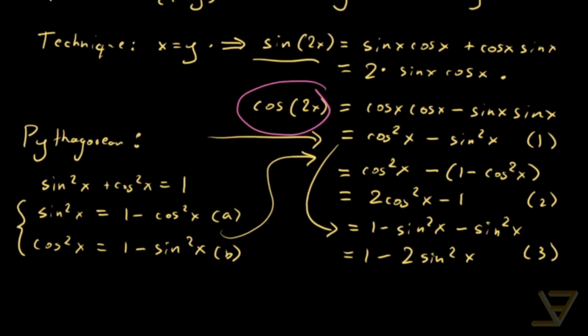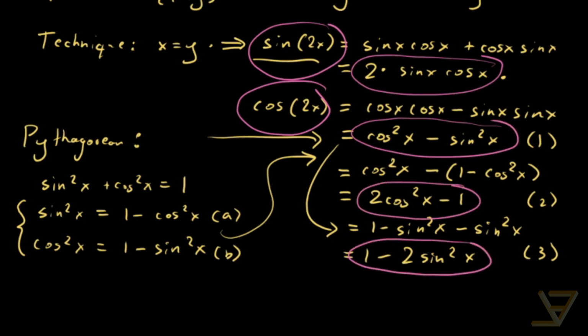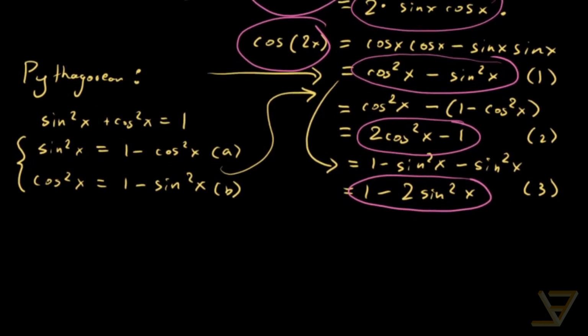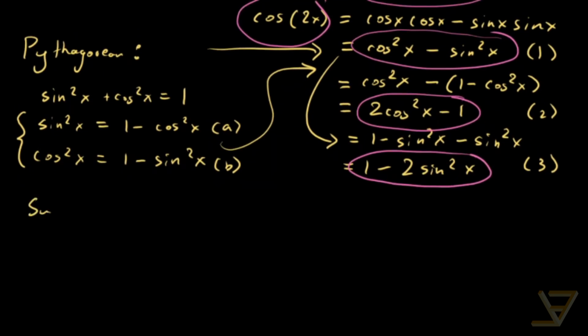So now we know the identity for sine of 2x and the identities for cos of 2x. And we're going to use the cos of 2x identities to derive the half angle identities. What we're going to do is use a substitution.